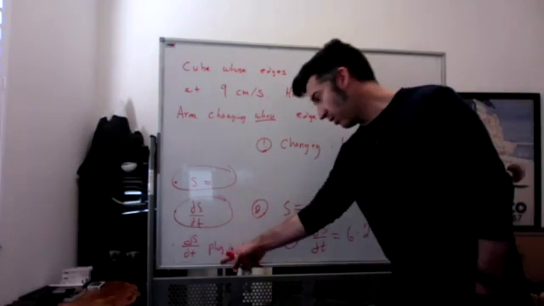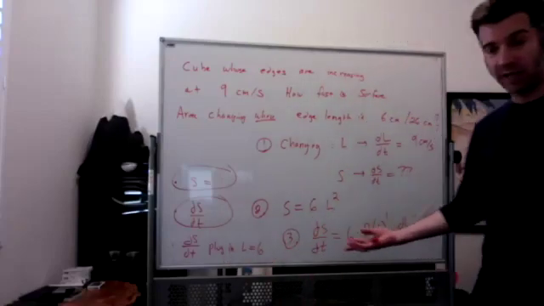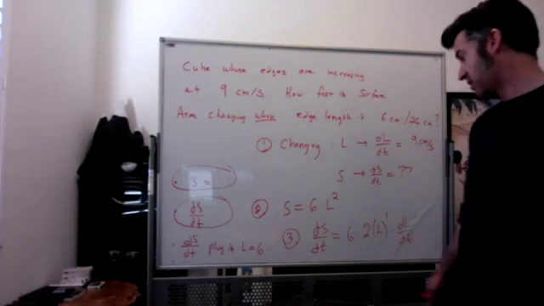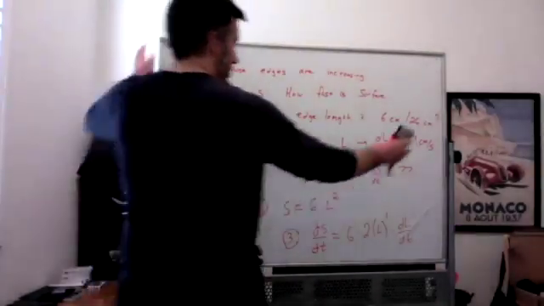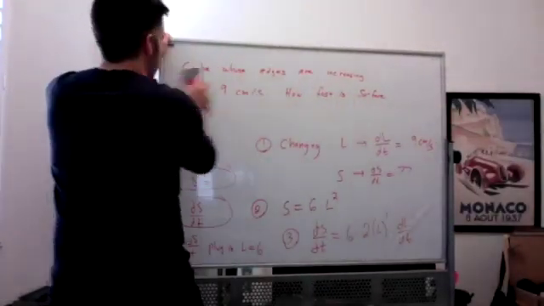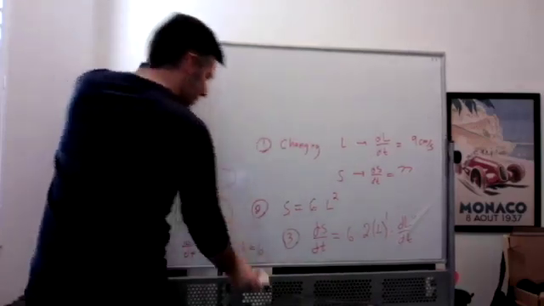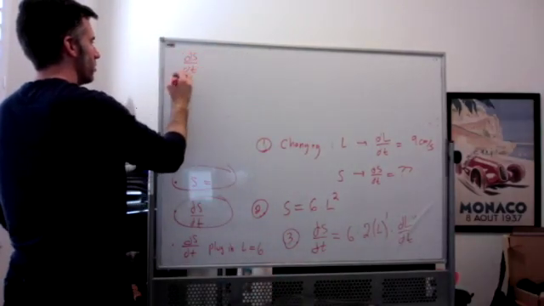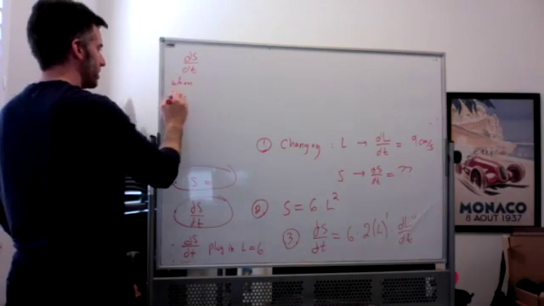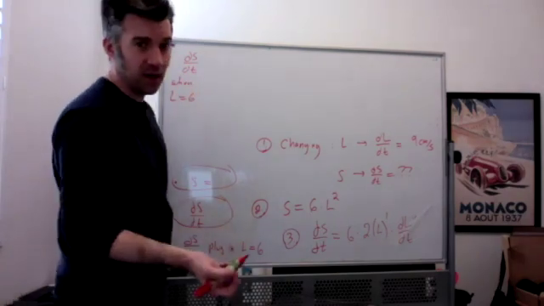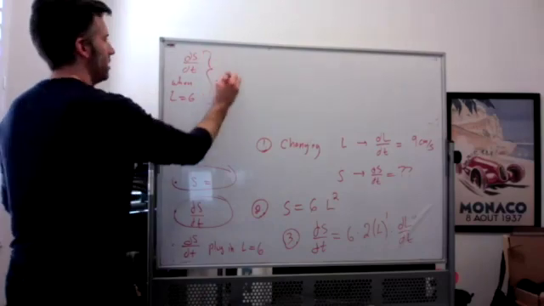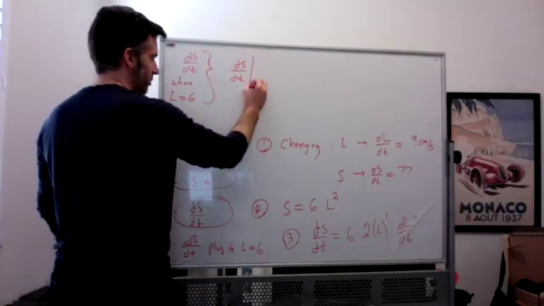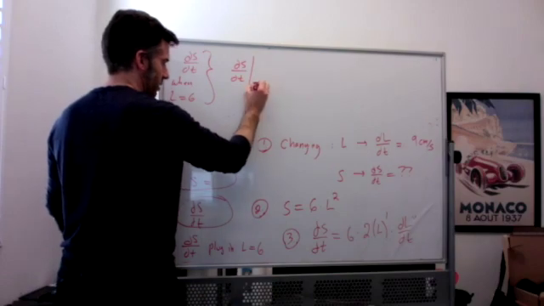And then the last 2 parts are to plug in your values. So they want you to find dS/dt when the length is 6. So I can erase this now. To find dS/dt when the length is 6, the notation for this is often written as dS/dt with a vertical line and subscript L equal to 6.